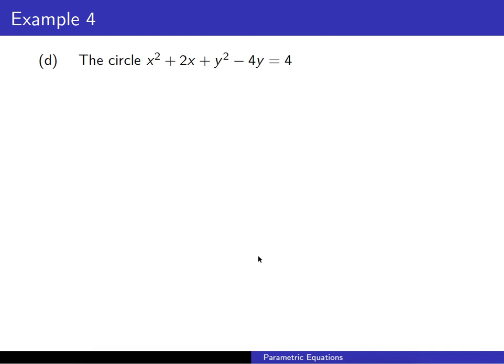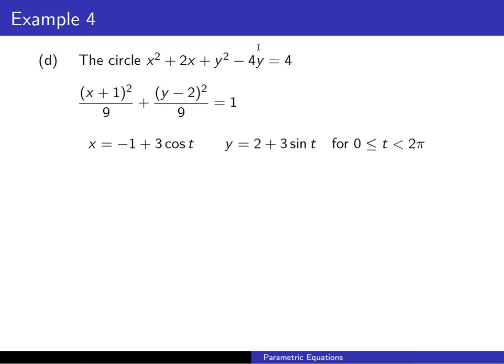Example 4d, the circle, x squared plus 2x plus y squared minus 4y equals 4. Here we have, in an ellipse style form, (x plus 1) squared over 9 plus (y minus 2) squared over 9 equals 1, much like we did with ellipses, going from the given form to standard form.